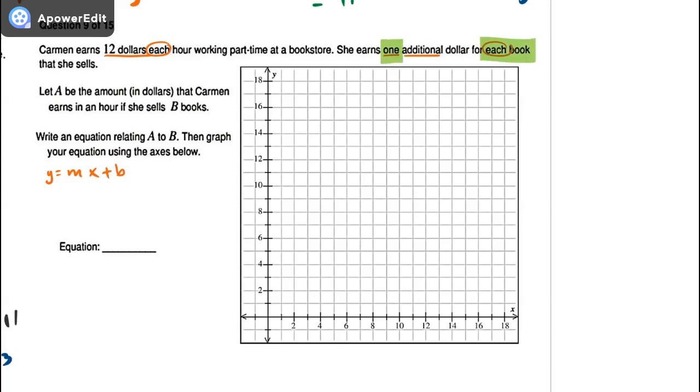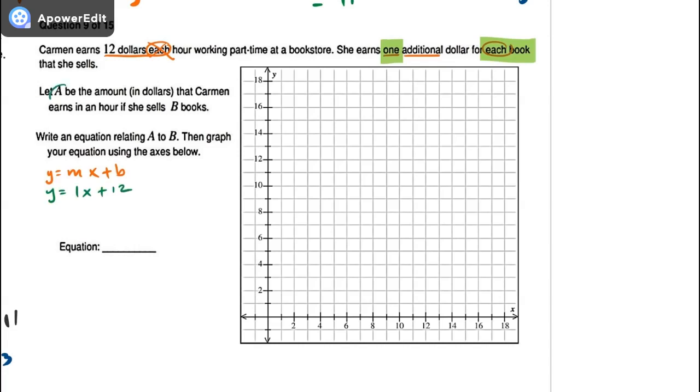It's a quick increase, an extra dollar for every book she sells, so that will be your slope. Even though $12 is each hour, in this scenario it's over the longer range of time, so that's going to be your beginning. So y equals 1x plus 12. That's the equation they're looking for.